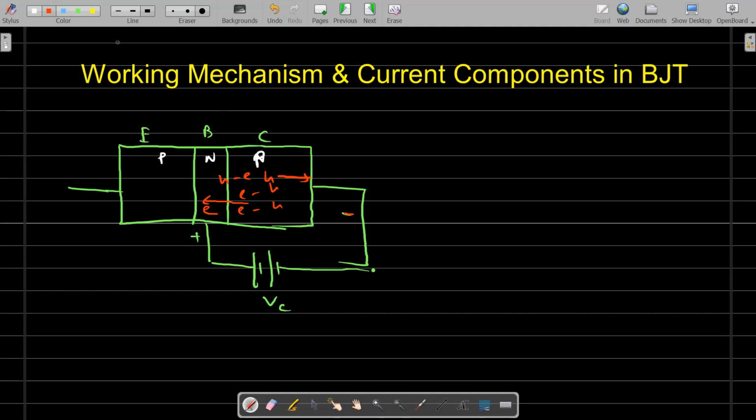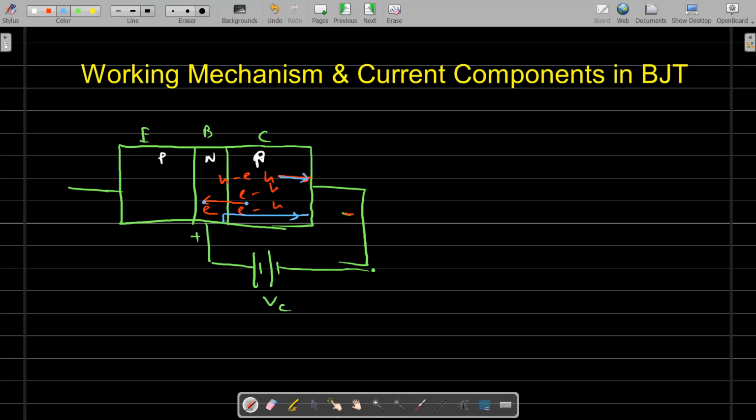As a result, we are getting some current due to the movement of this thermally generated electron and hole. The direction of current will be from this towards this, because the hole will move in this direction and the electrons are moving from this side to this side. The current due to electrons will be just opposite.